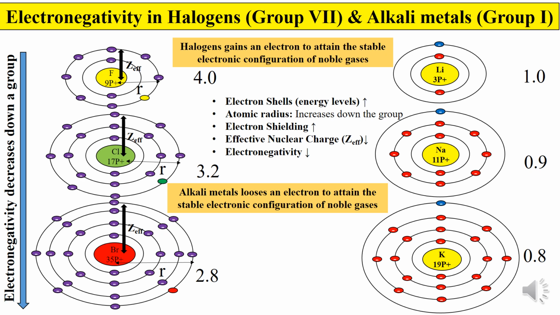So this is a striking feature between the group 7 and group 1 elements. Group 7 elements gain while group 1 elements lose the electron to attain the stable electronic configuration. And they do so by engaging themselves in chemical bonding.